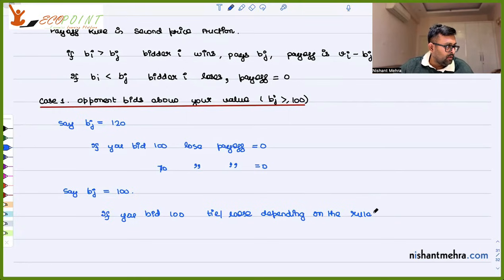So payoff is zero. If you do a shaded bid, bidding less than 100, less than your true value, you will definitely lose, and your payoff is still zero.